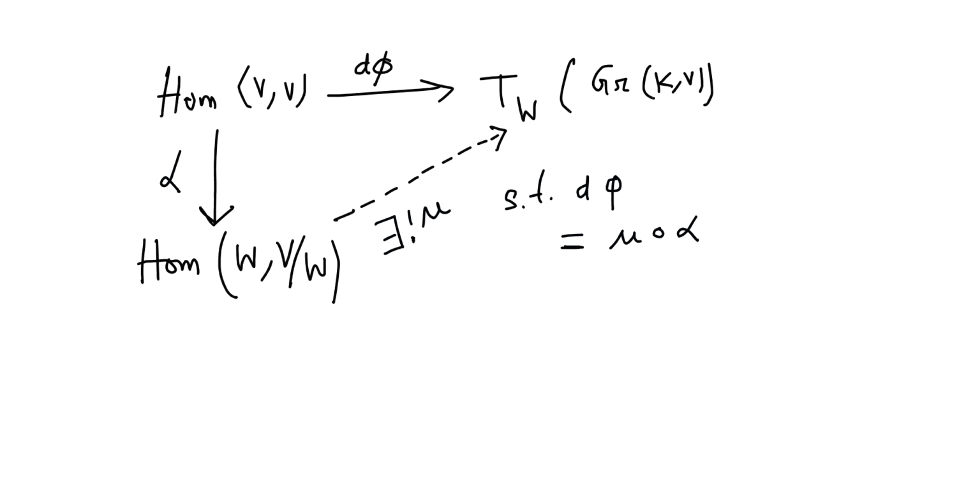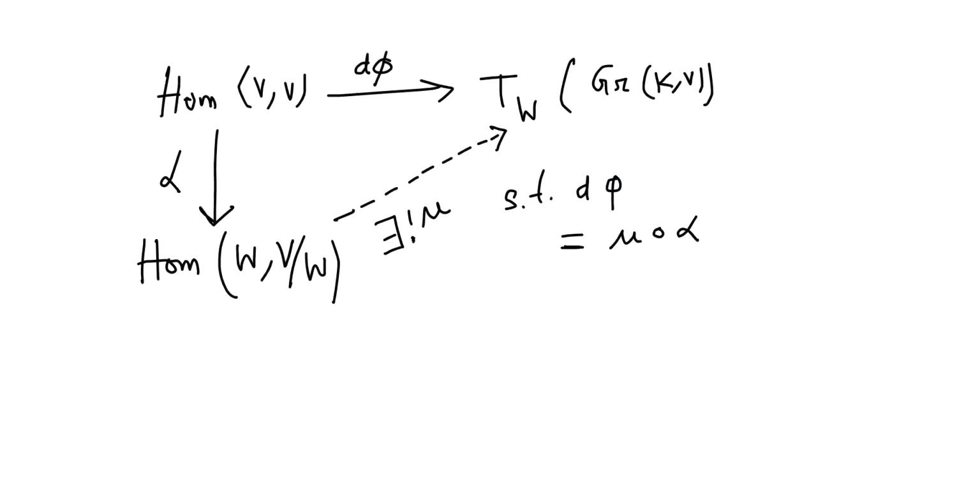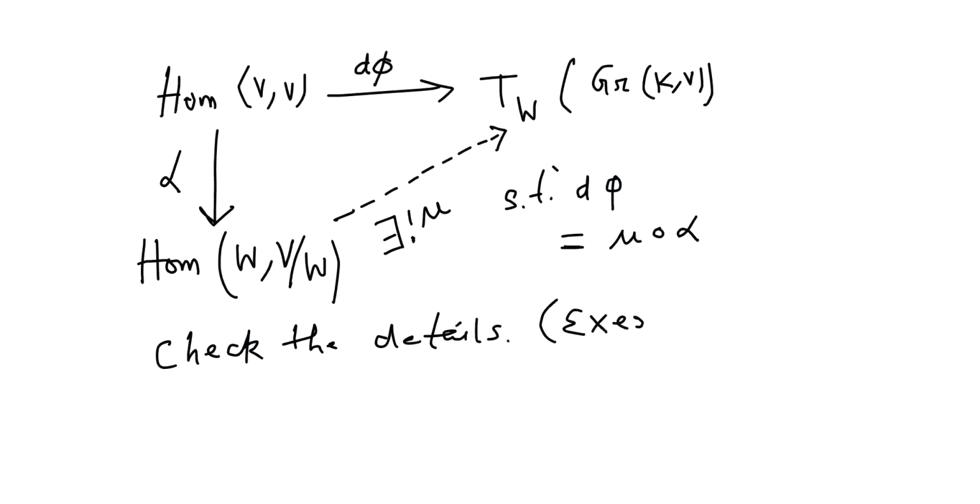That is by this procedure, and that will induce an isomorphism from hom(W, V mod W) to T_W Gr_k. So you can check the details. Take it as an exercise. So this is doing things pointwise.